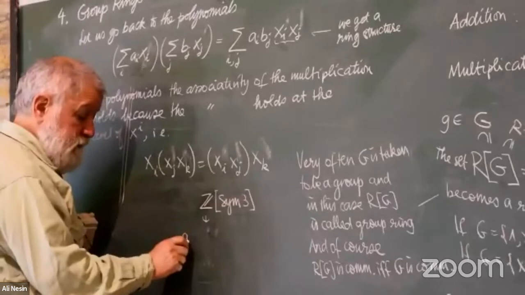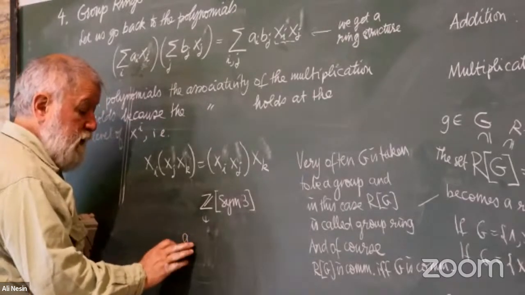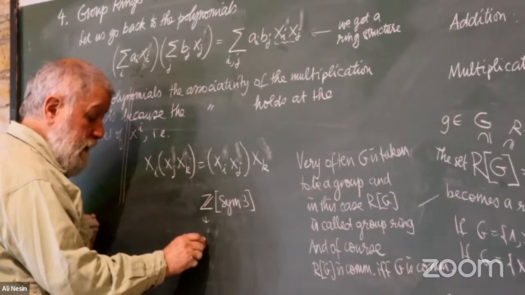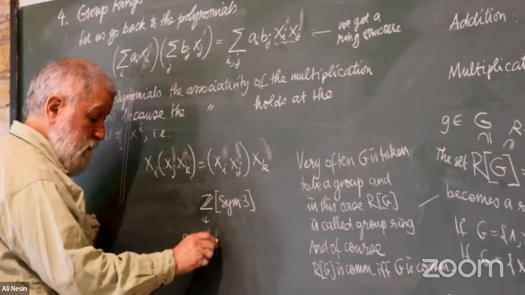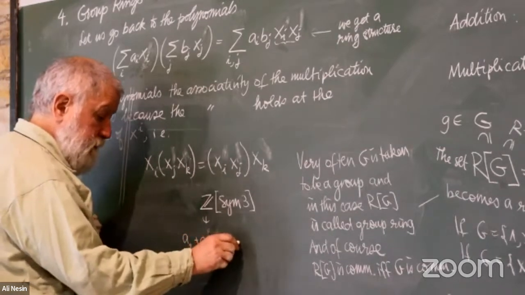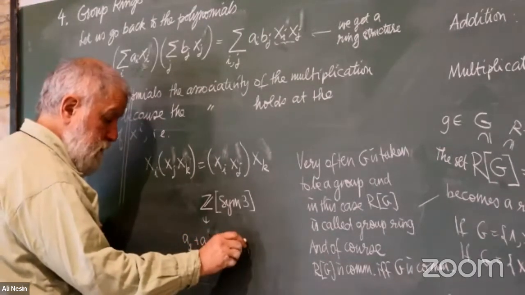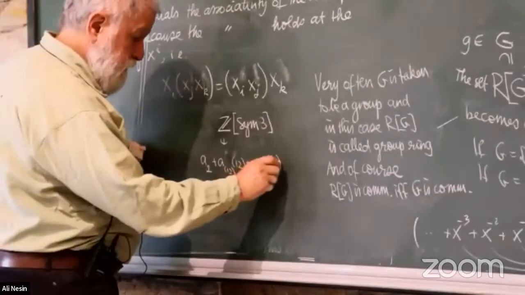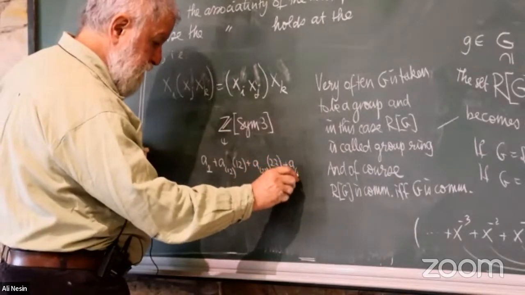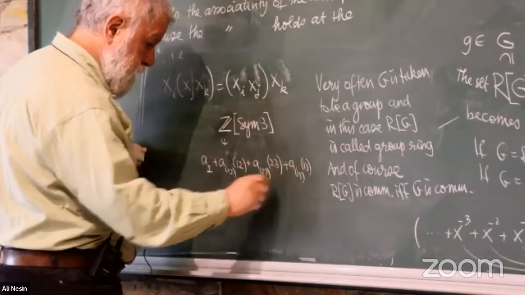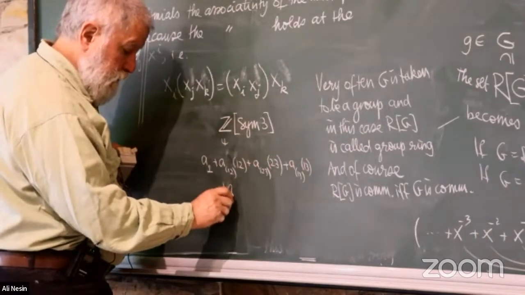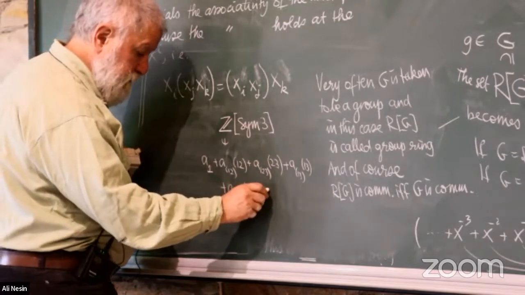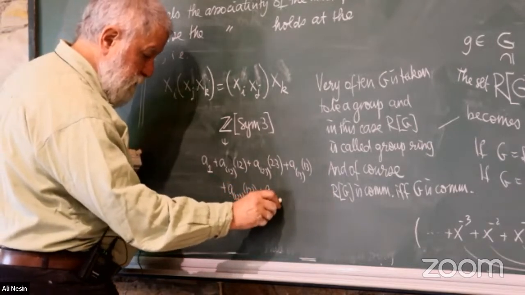This is A0, A1 if you want, plus A12, plus A23, plus A13, plus A123, plus A132.